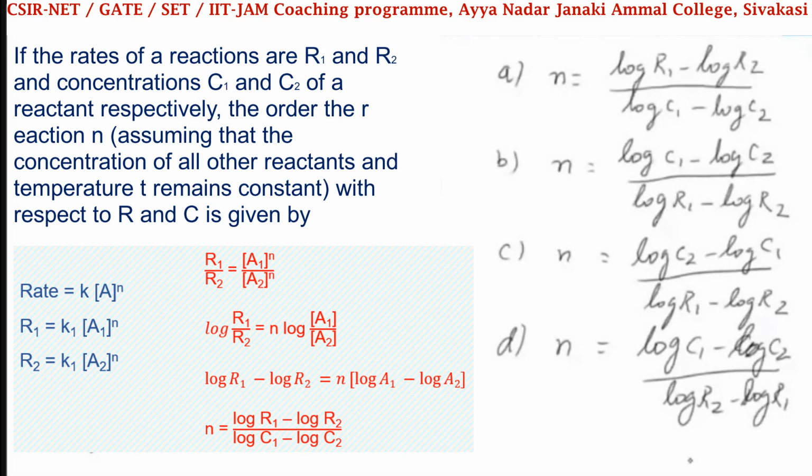Here it is given as concentration C. Therefore, we put it in the form log C1 minus log of C2. Therefore, now what is the value of n? n is equal to, which is the correct option here? Tell me the option. Option A, sir. Option A. This was asked in the year 2016. This is just a derivation.